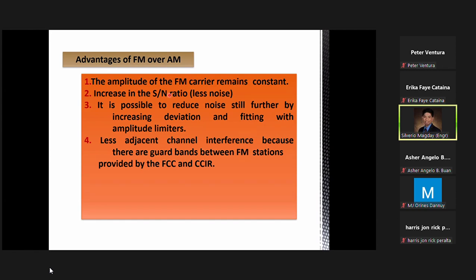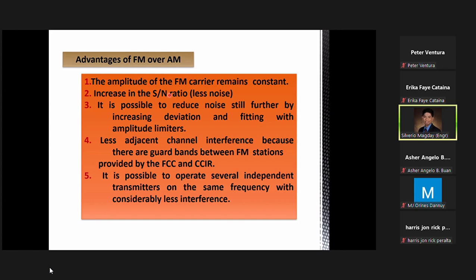Pero in some cases, since limited din naman yung mga frequency ng FM stations sa area, pwede nilang i-reuse yung same frequency na yun kapag magkalayo na yung area, para ma-maximize din yung gamit. Basta wag lang sa mga magkakalapit na area, there should be a guard band.